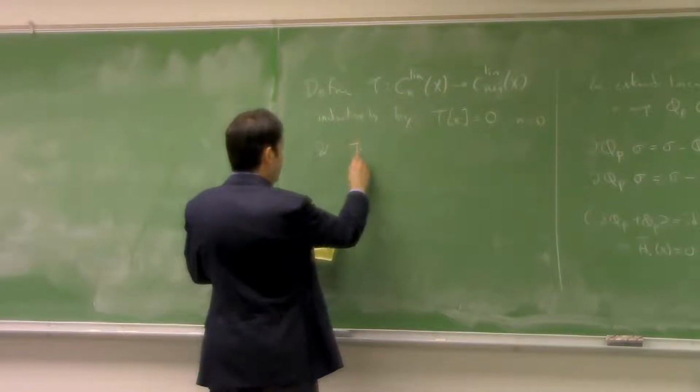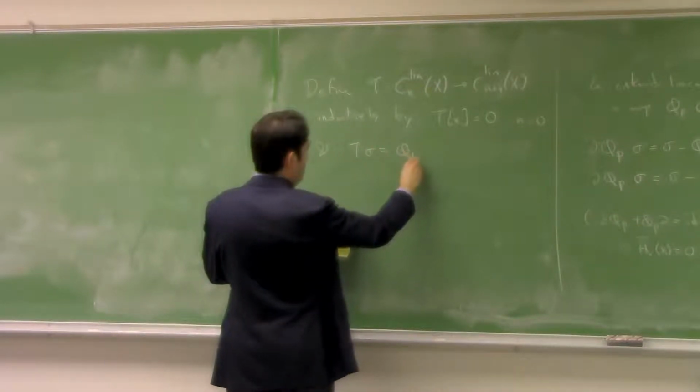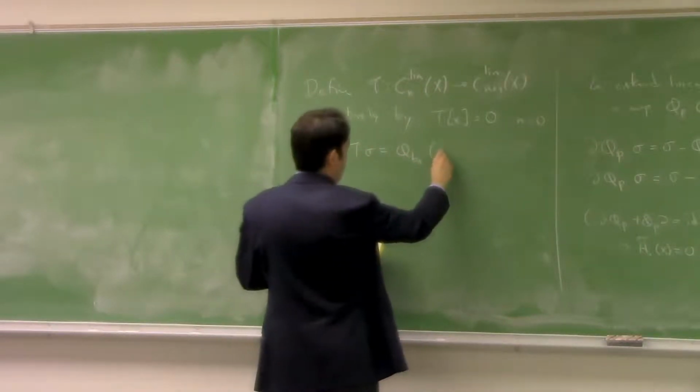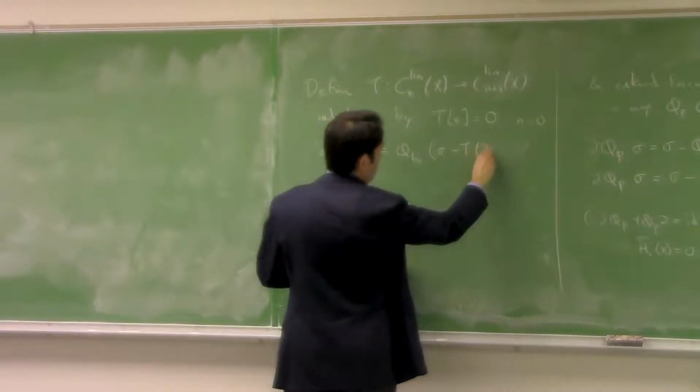And then after that, T of sigma is Q B sigma of sigma minus T of the boundary.